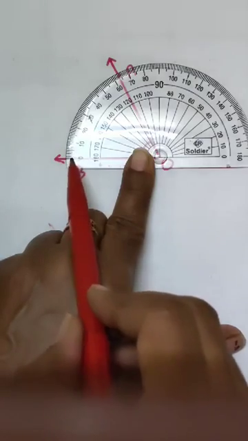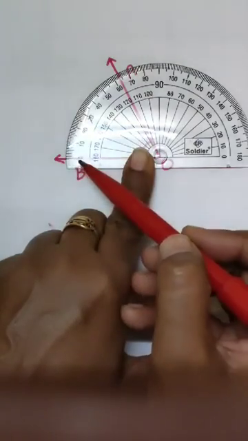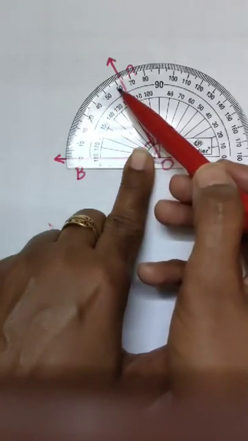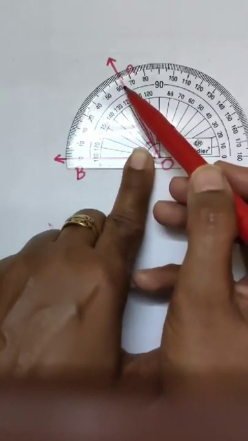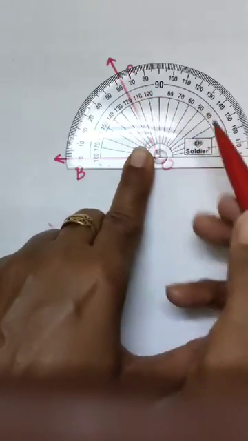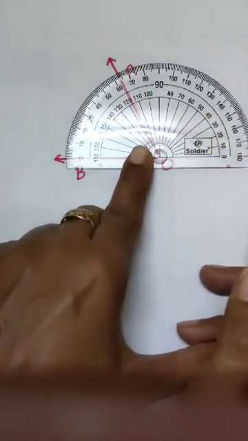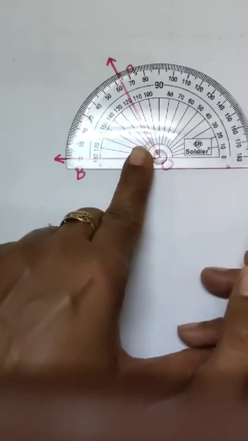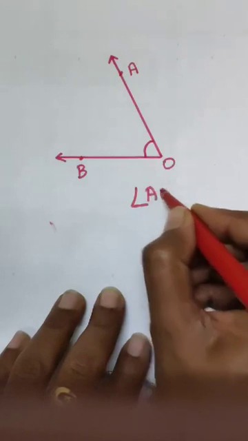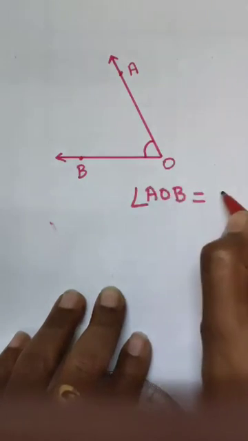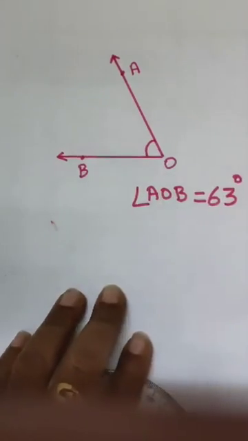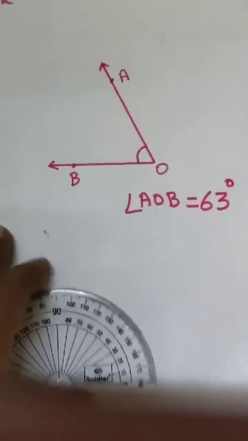Start from 0 degree, then move step by step: 0, 10, 20, 30, 40, 50, 60. It is between 60 and 70, but it is not completely 65. It is nearly 63 or 64 degree. So we will write down angle AOB equal to 63 degree.